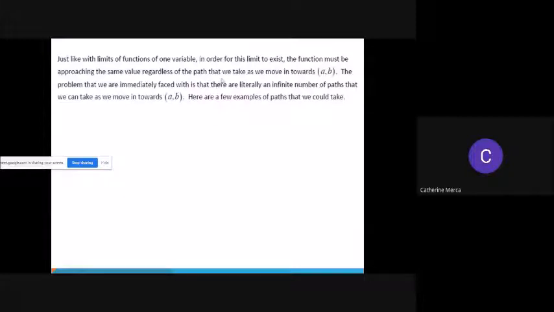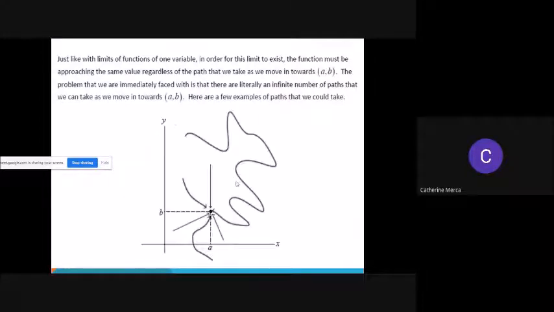So what do we do here? If you take a look at this one, this is the value that we would like to approach.